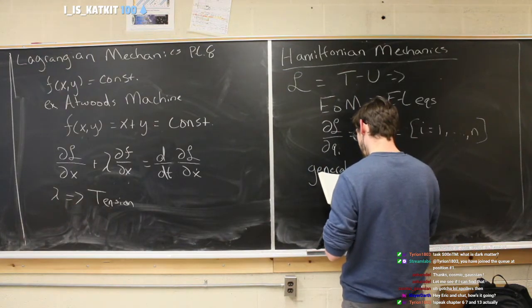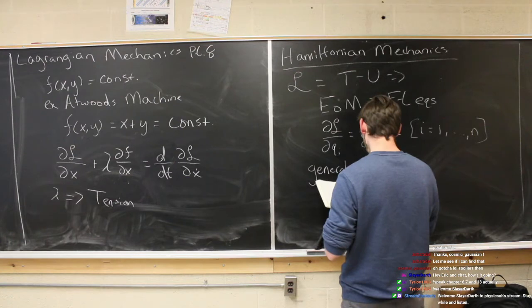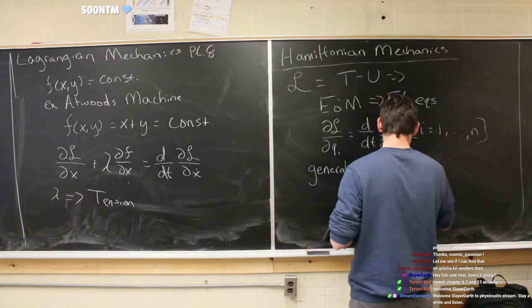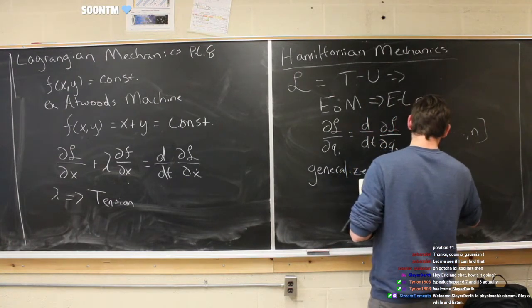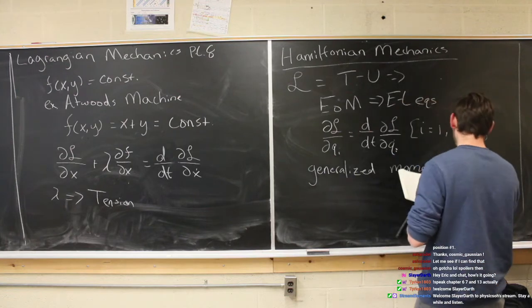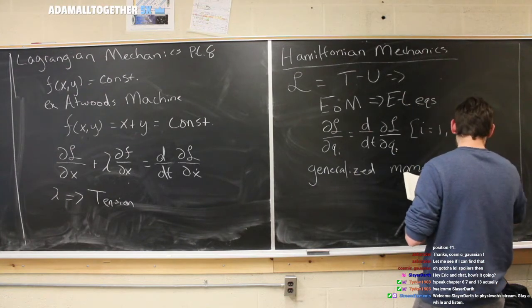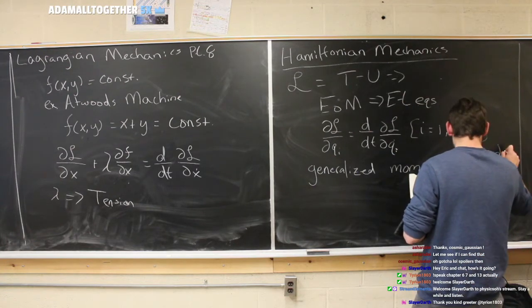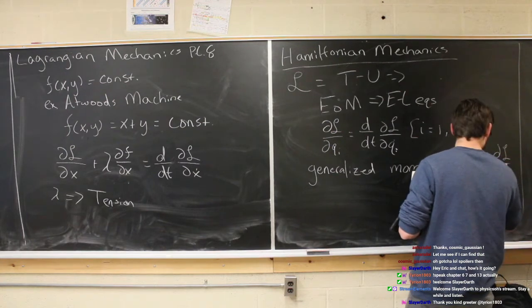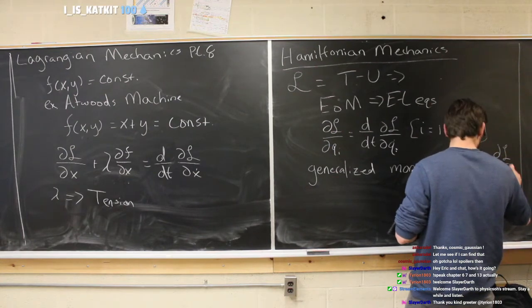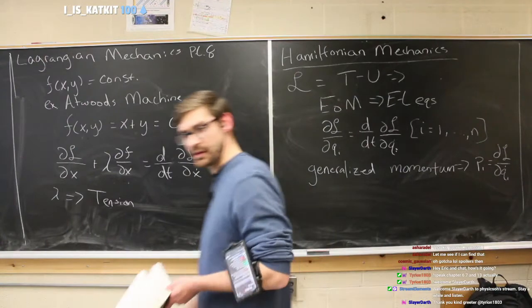So we start with the generalized momentum. Or no, we also have the generalized momentum, I should say. We don't start with that. But we also have the generalized momentum, which we have established several times to be p_i equals dL over dq_i dot.